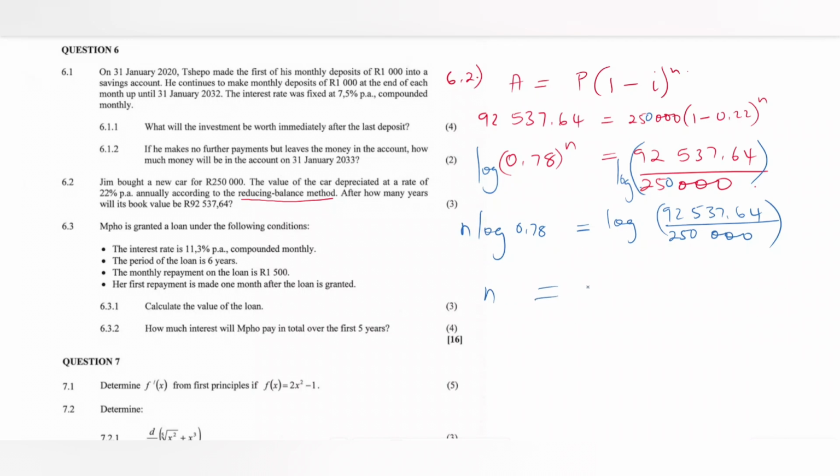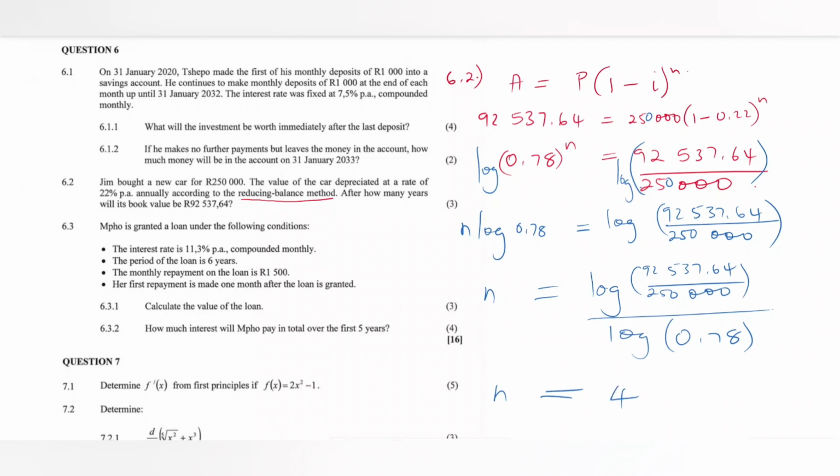So n is going to be equal to log 92,537.64 over 250,000, over log 0.78. We can punch it on our calculator. The answer I'm getting is 4 years.